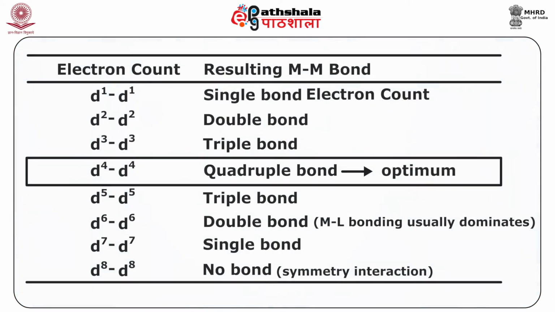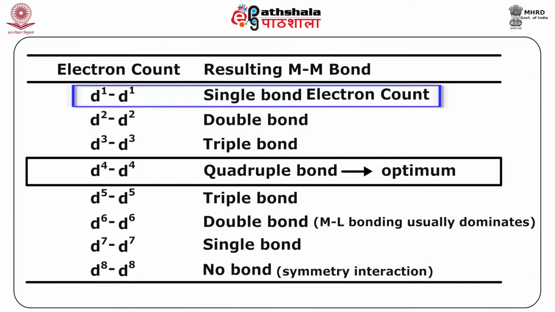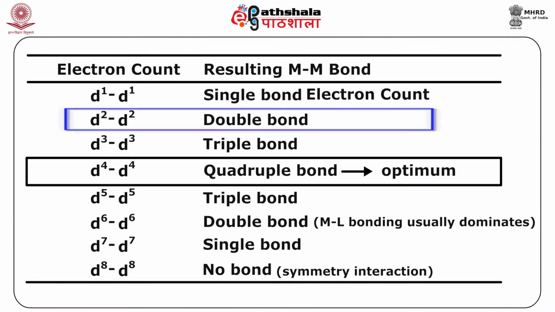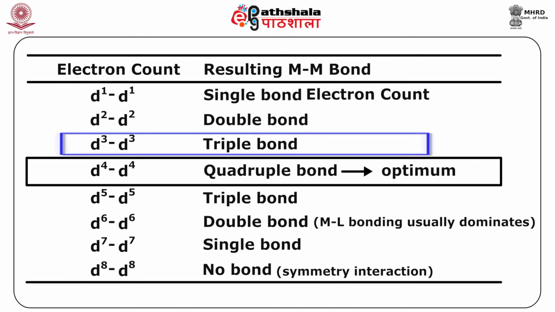We can study from this table that for electron count d1-d1, the resulting metal-metal bond is a single bond. For d2-d2 electron count, the resulting metal-metal bond is a double bond. For d3-d3, the resulting bond is a triple bond.